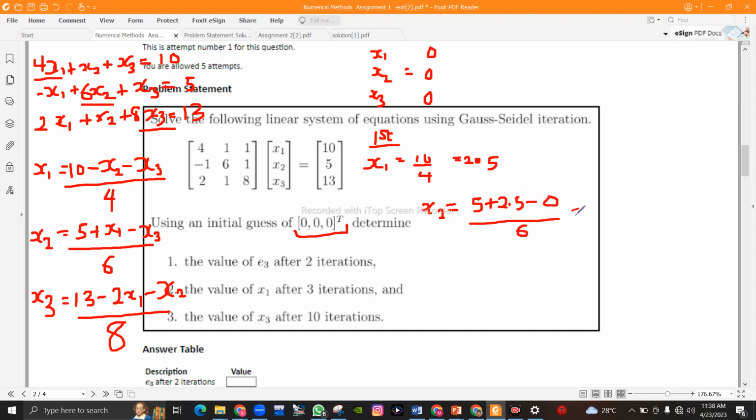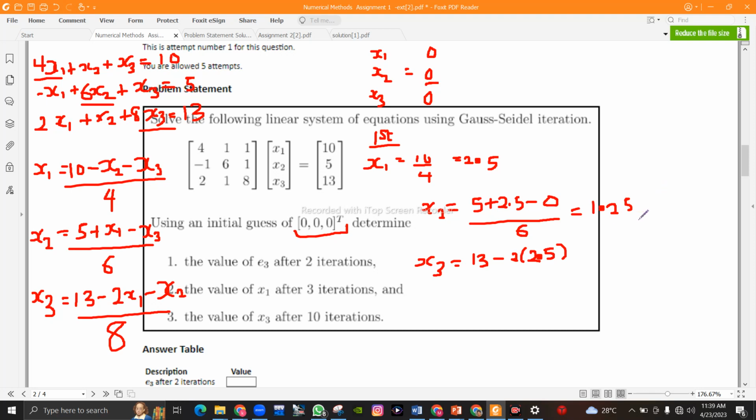So we do this, and you get 1.25. You do the same for your x3. To get your x3, it is 13 minus, it's meant to be 0, but no, that's for Jacobi. Our x1 is now 2.5. That will be 2 times 2.5, which is not 0. We use the new value we got now. Minus x2. x2 is not 0 again.